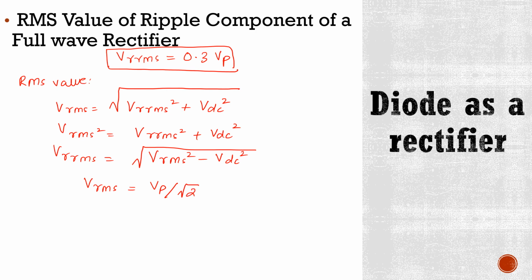know that the value of Vdc is 2Vp divided by pi.